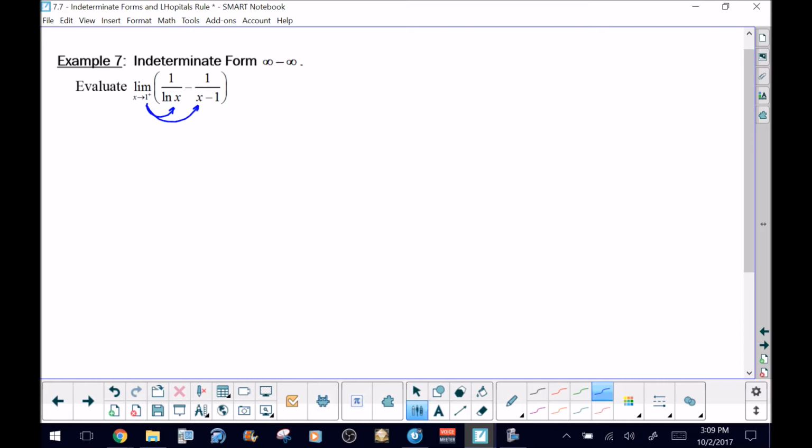So if we try to figure out, well, what is 1 divided by the natural log of something very close to 1, but on the right side? The best way to answer that question is probably to look at what the graph of natural log of x looks like. And we should all have a pretty good understanding of that curve. That curve is y equals natural log of x.